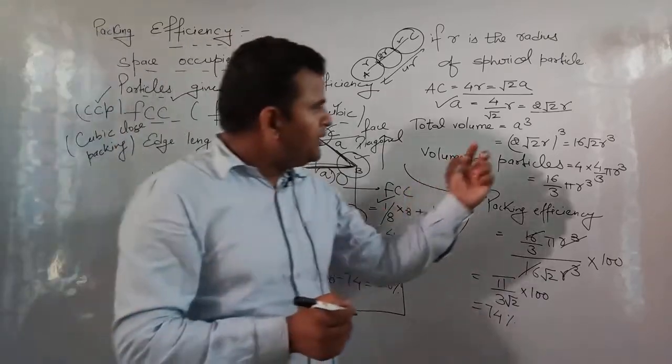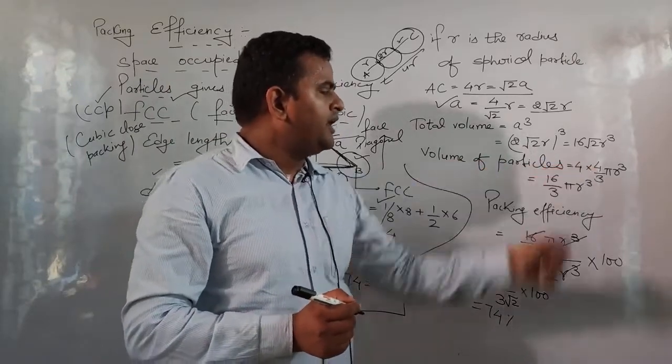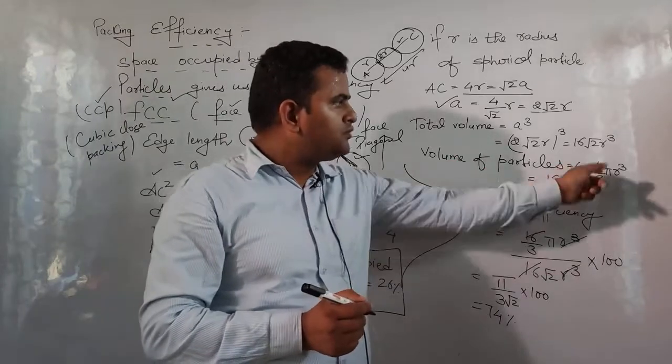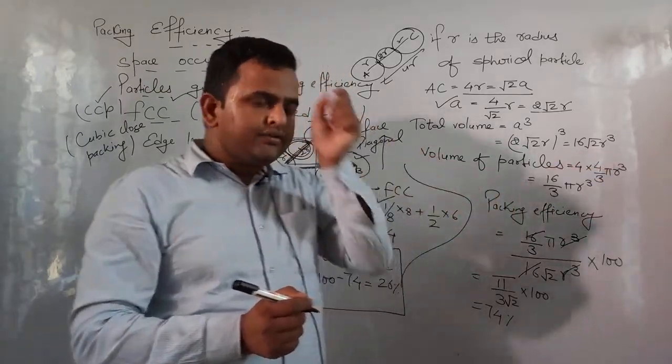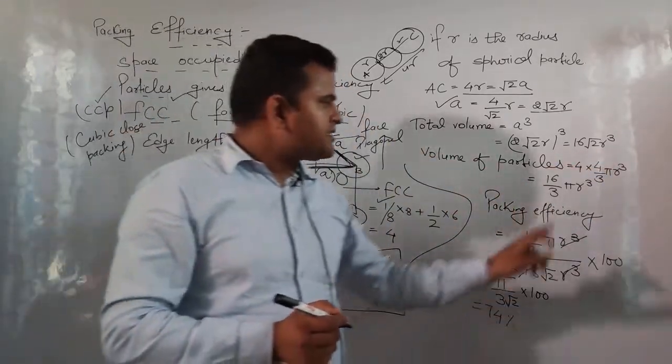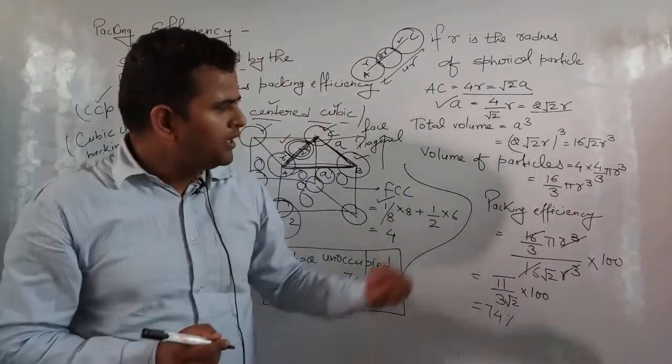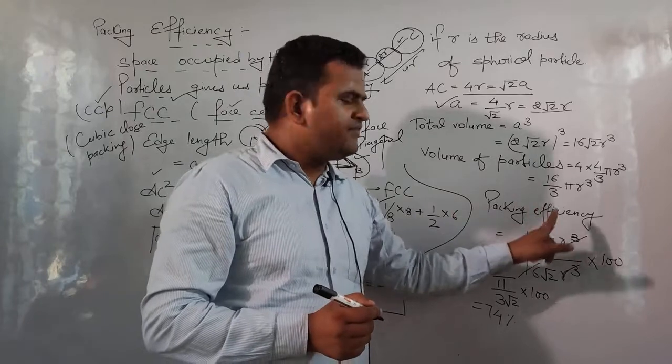If the total number of particles is 4 and the volume of one particle, as it is spherical, is 4/3 pi r cubed, then the total volume is 16/3 pi r cubed. Now how do we calculate the packing efficiency value?